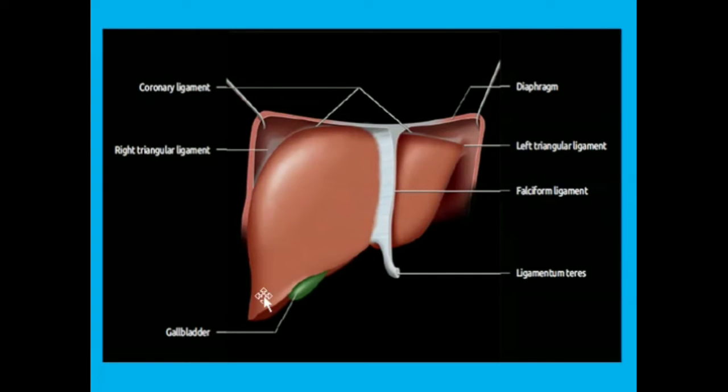Peritoneal reflections form various ligaments that connect the liver to the diaphragm and abdominal wall, including the falciform ligament, the inferior edge that contains the ligamentum teres. This is the inferior edge, and the obliterated remnant of the umbilical vein.